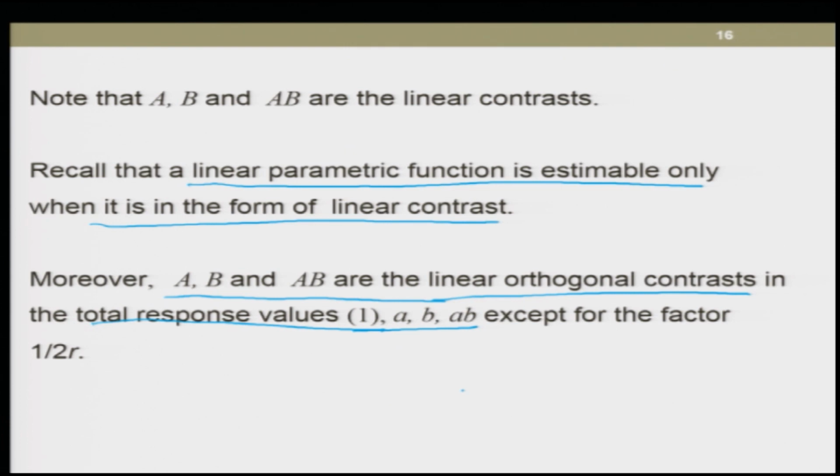And now you understand how the factor 1 upon 2R comes, because we are measuring different components from the same set of observations. The main effect, interaction effect and everything are obtained from only those 4 values by considering different types of linear contrast.